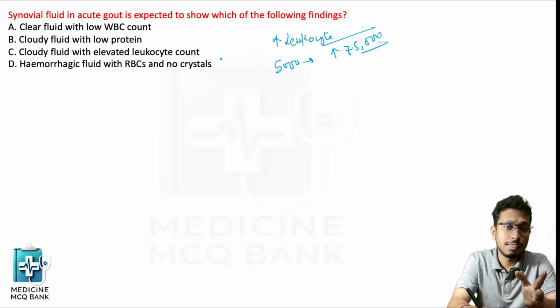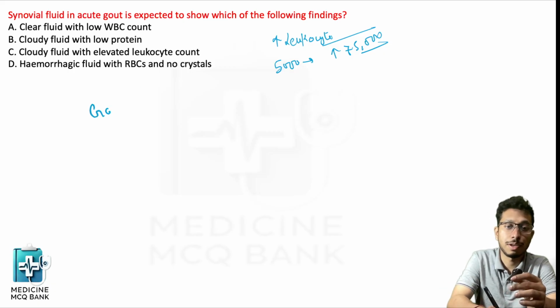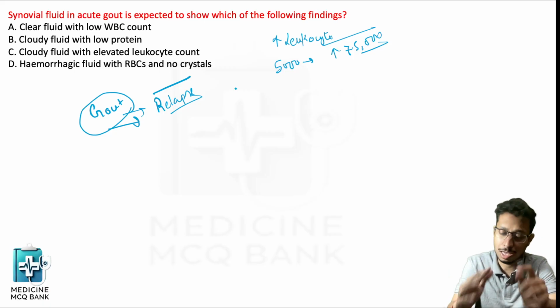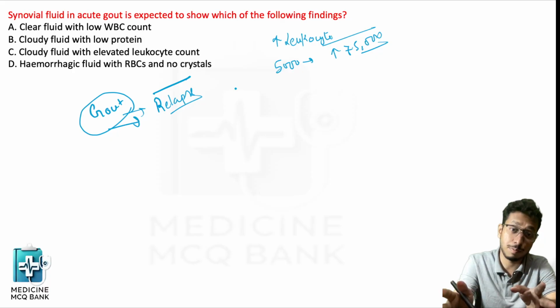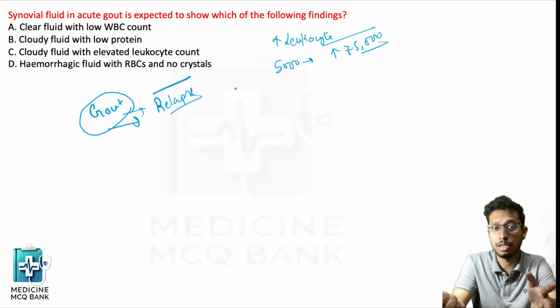The utility of arthrocentesis or joint aspiration is that it can be done in a non-inflamed joint, for example in knees, and it can be done in the intercritical phase for diagnostic yield, right? So, for example, if you are suspecting gout, you are giving medication and treatment, and still there are multiple relapses and recurrences, and you are confused as a doctor because you are giving a proper treatment plan, the patient is following the proper treatment plan and the diet as you have advised, but still there are multiple recurrent attacks.